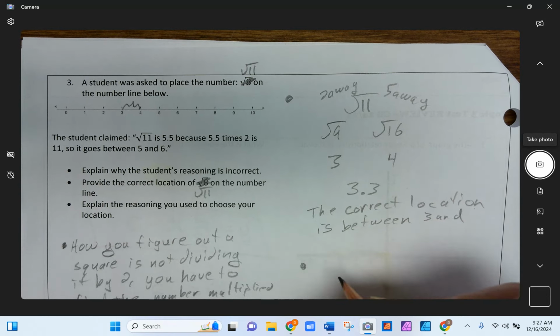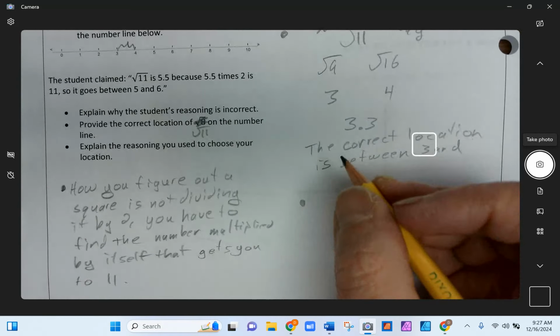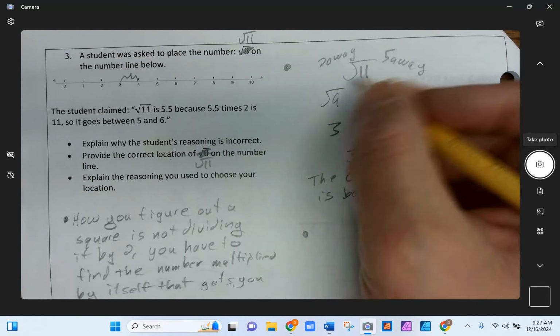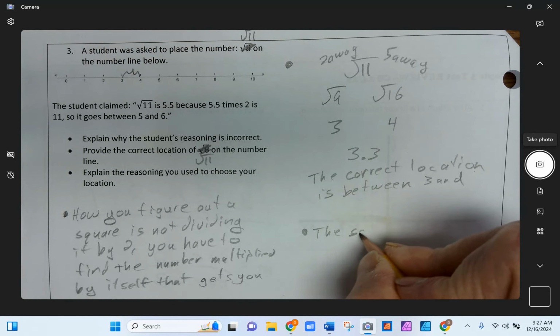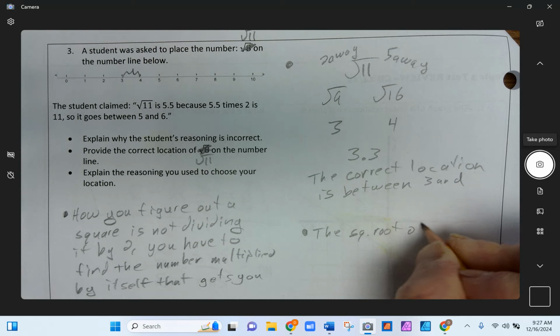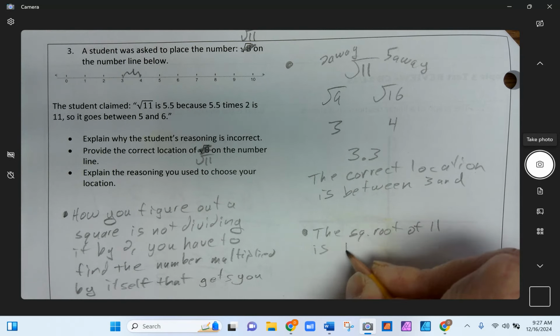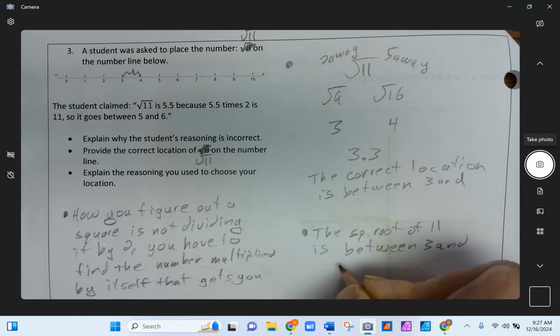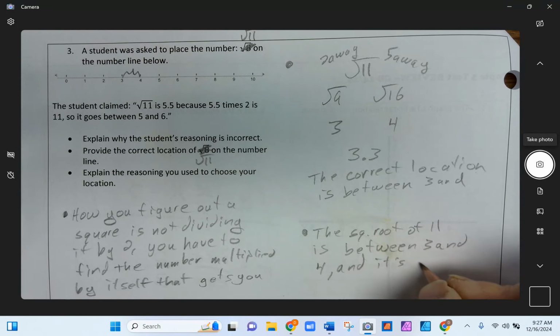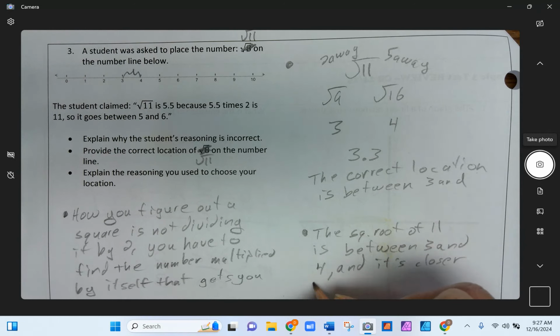And then the last one right here, explain the reasoning you choose. Well, basically we just explain this, right? The square root of 11 is between 3 and 4, and it's closer to 3.